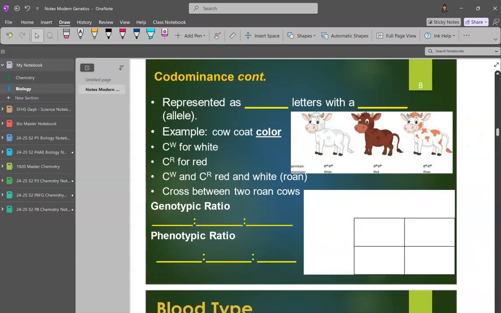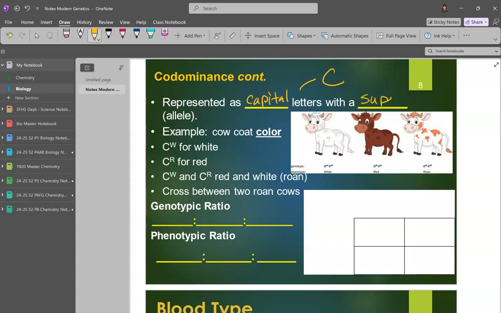So the format we're going to use with this one is we're going to use a capital letter, and that's going to be our base. So in this example, we're going to use the letter C. And then those capital letters will have a superscript, which is the tiny letter like this. You can also think of it as like an exponent. And that's going to represent the allele.